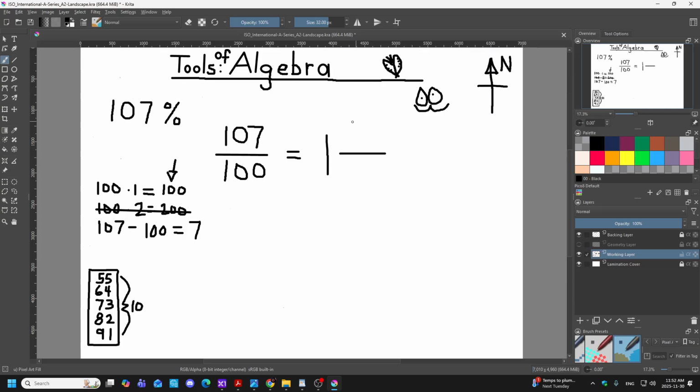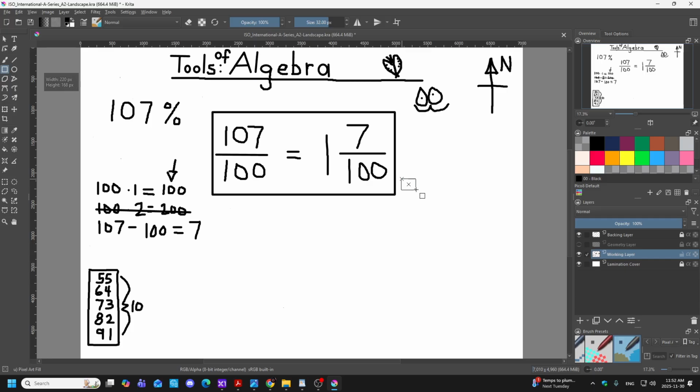There is our numerator. The last thing we need is our denominator. Well, that's easy. We simply take the value that is here and copy it. The denominator is unchanged. There we go, we are done.